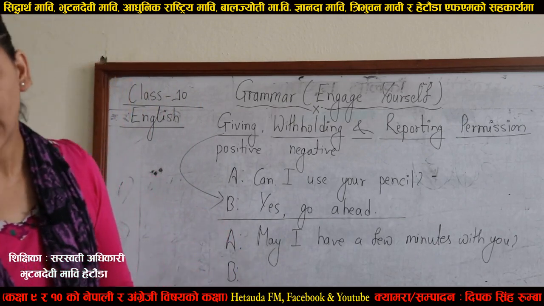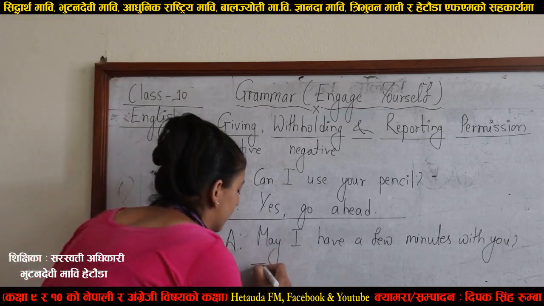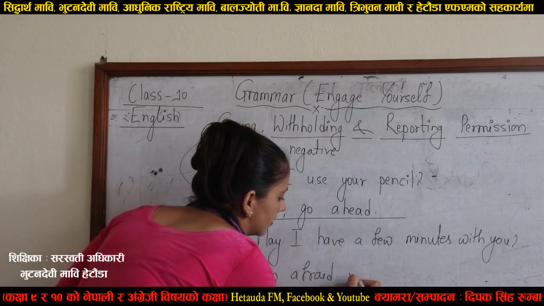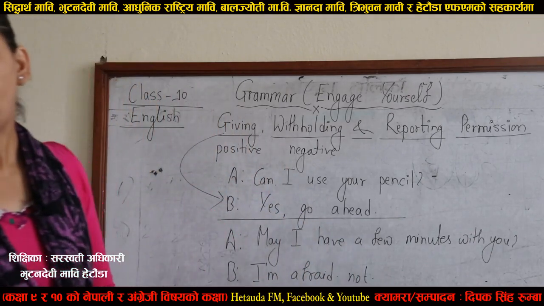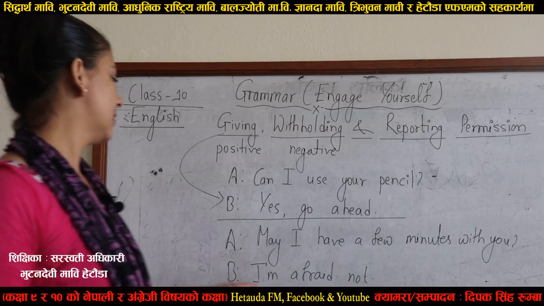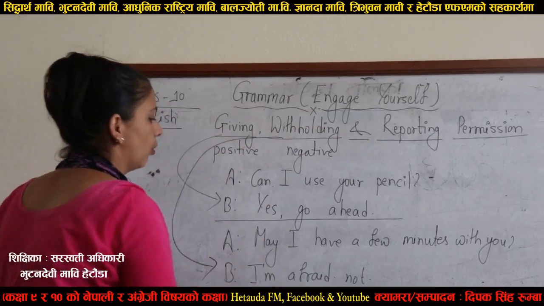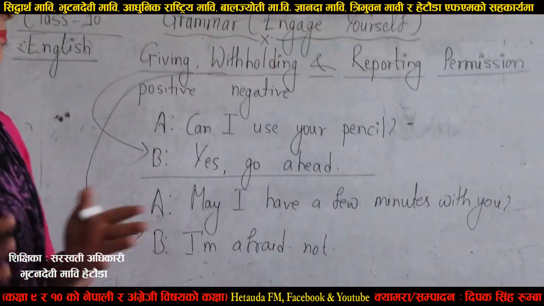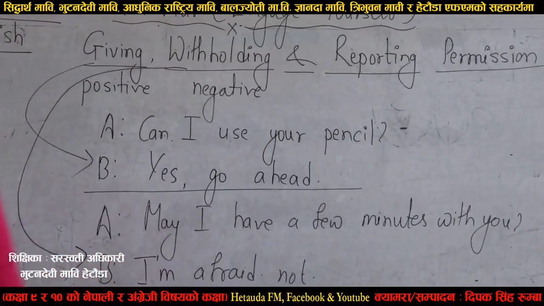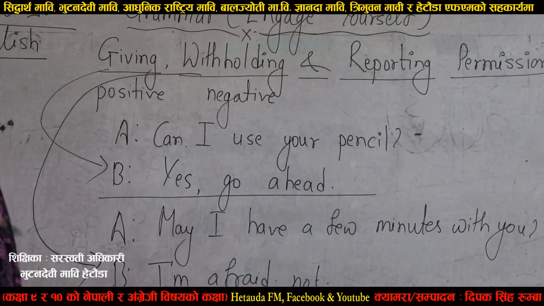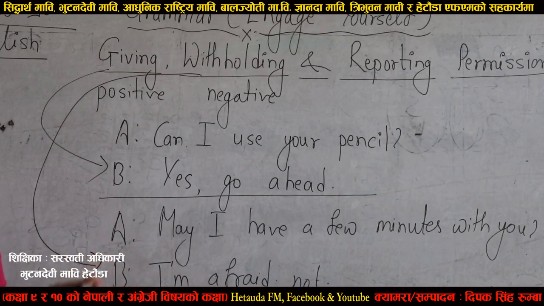Now what does B reply? I am afraid not. You see, dear students, I am afraid not. This is an example of withholding permission. It means B is rejecting, B is refusing the permission asked by A. I am afraid not means you cannot have a few minutes with me.